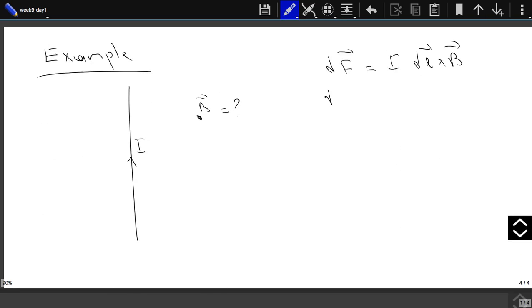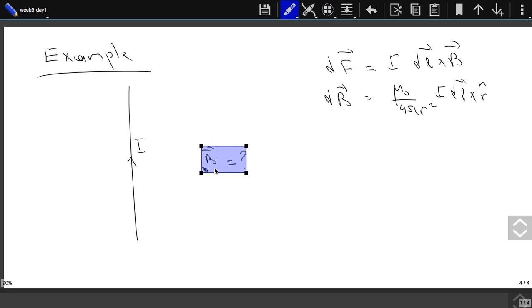Well, again, let me write it over here. The magnetic field created by a very small segment of wire is given by this expression. Now let's try to calculate the magnetic field over there. We have to divide our wire into very small segments. Let me take a very small segment over here.